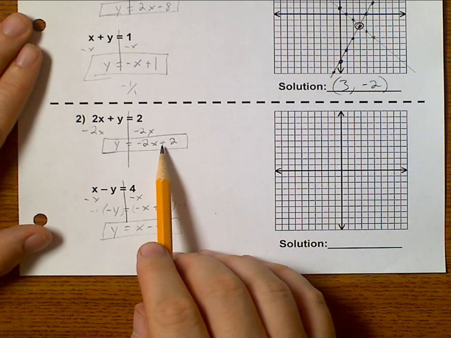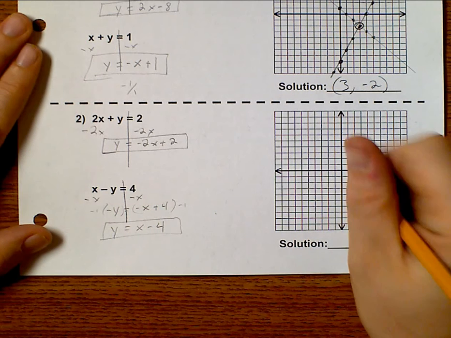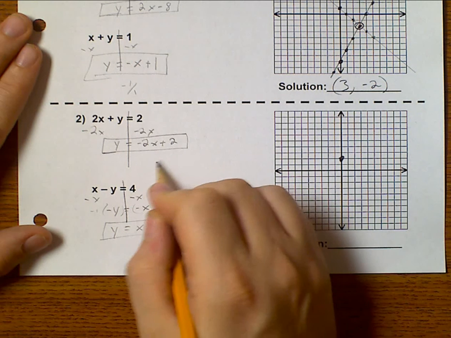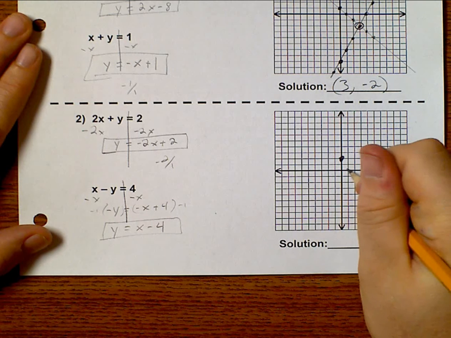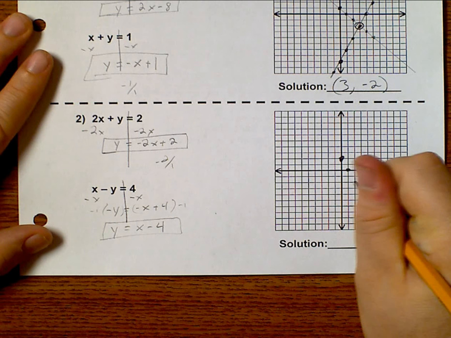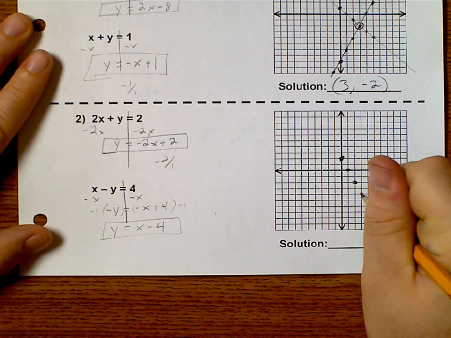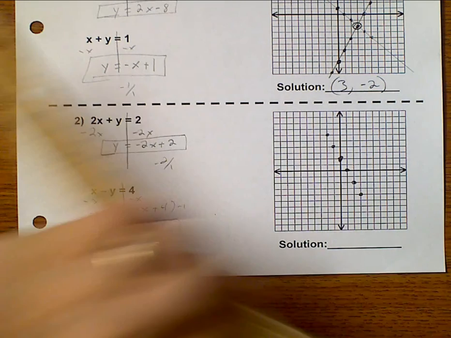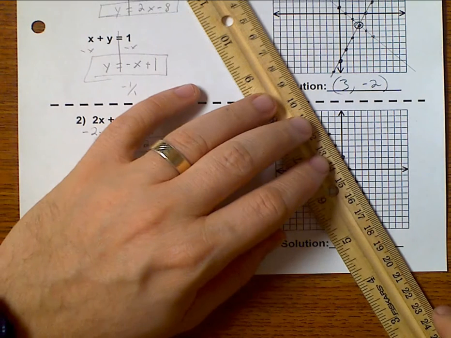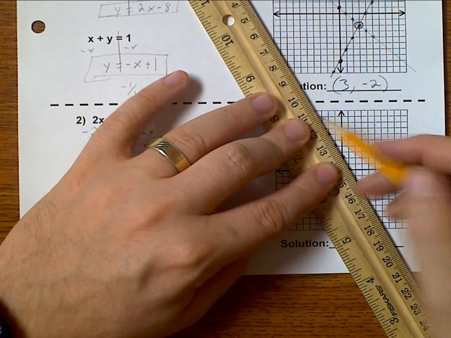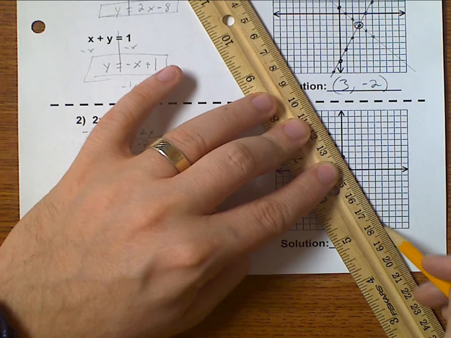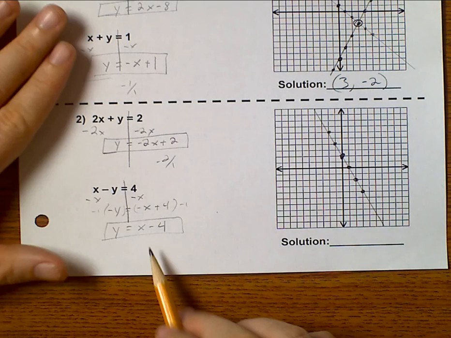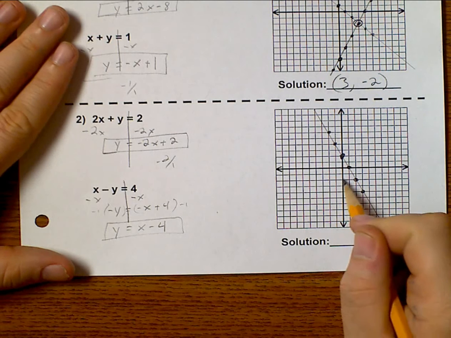Go ahead and graph. I start at 2. I have a slope of negative 2 over 1, so I go down 2 over 1. Or I can go the other direction. And I get my line. Over here I start at negative 4. 1, 2, 3, 4.